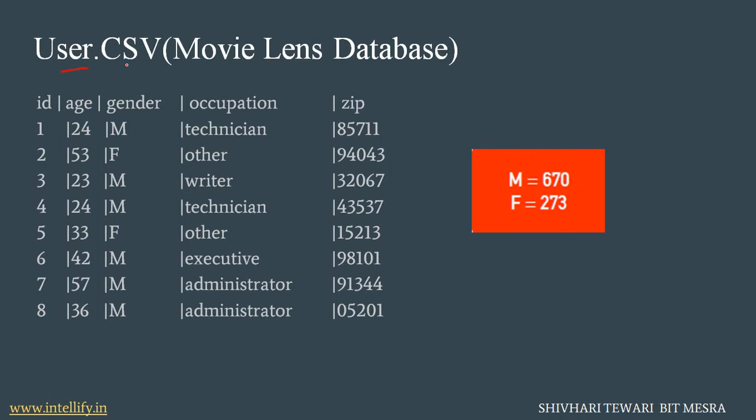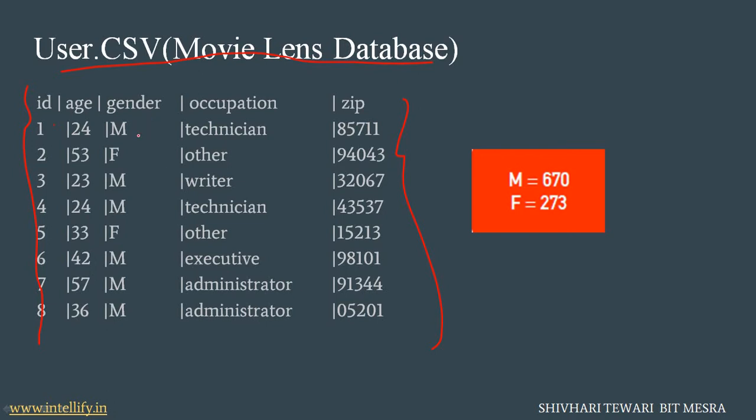Here is the user.csv file which is given. It is basically a MovieLens database, a database of the crew members of a particular movie. Here are the IDs 1 2 3 4 5 6 7 8. Then the age of the crew members who were working in the background of a movie, with ages like 24, 53, 23, 24, 33 and others.